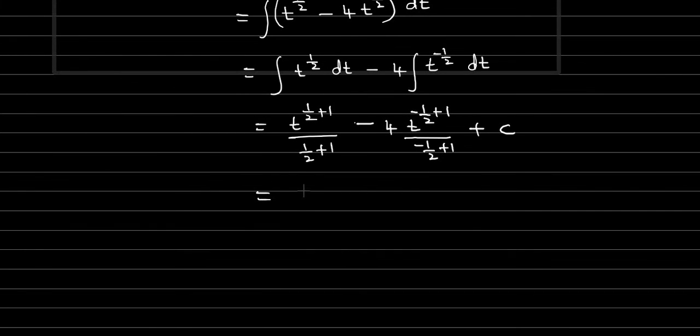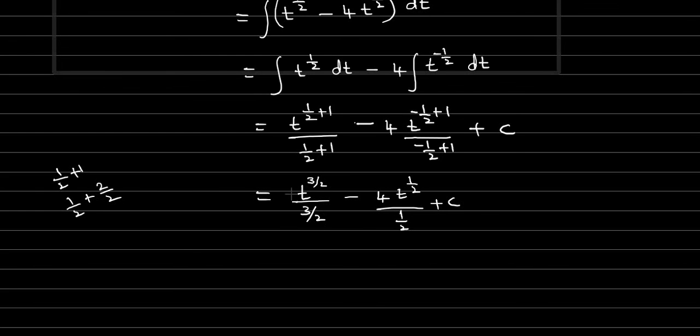Now simplification. So t power 1 by 2 plus 1. So that is 1 by 2 plus 2 by 2. So adding the numerator, 1 plus 2 is what? 3. 3 by 2. So t power 3 by 2 by 3 by 2 minus 4. From positive 1 if we subtract half, one more half will be there. T power 1 by 2 by 1 by 2 plus c.